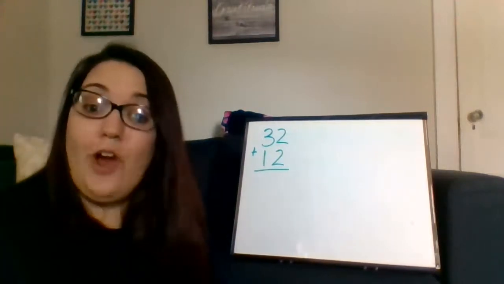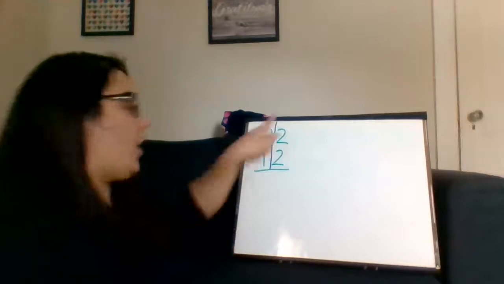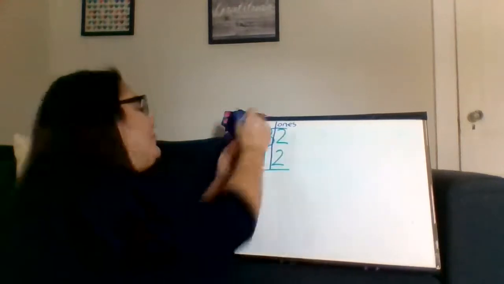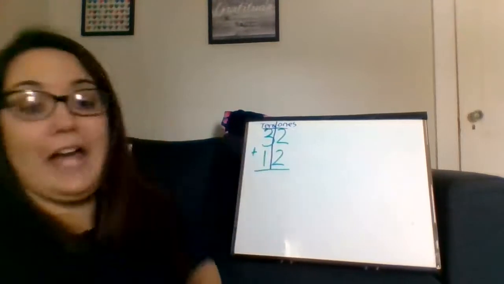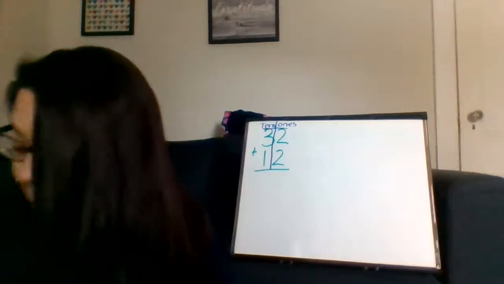So I like to draw a T-chart to help me. Now we've learned that our ones are in this column and our tens are here. This is going to help me decide which blocks I need to use when using my place value blocks.